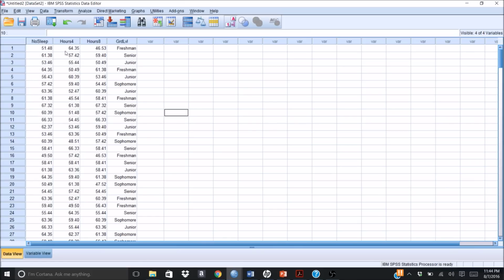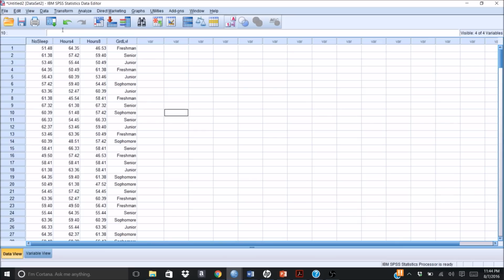If I'm not testing for how much sleep they got, if I just want to know overall how the different grades did, then I might want to run what's called a between subjects ANOVA. And this is because if you're a freshman, you can't be in the condition of senior. They're mutually exclusive, so you can't be in both conditions at the same time.